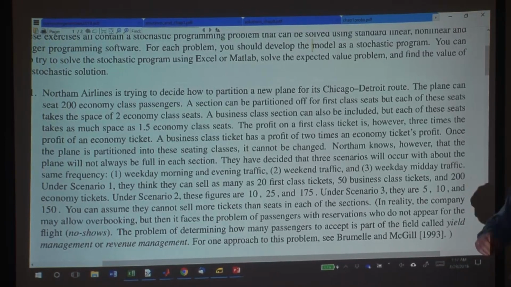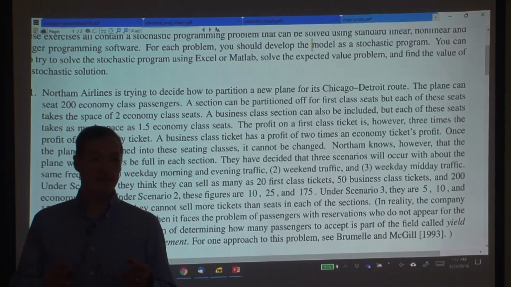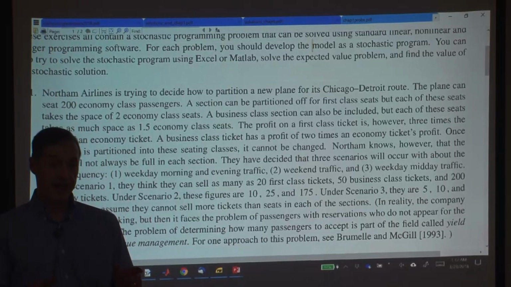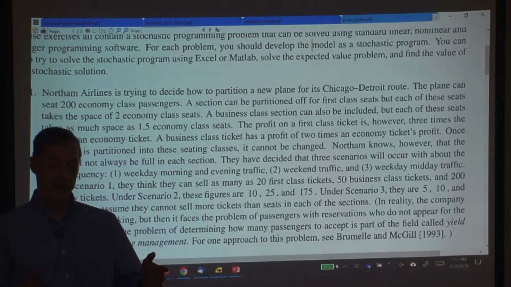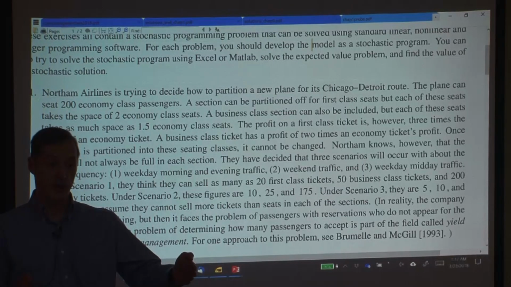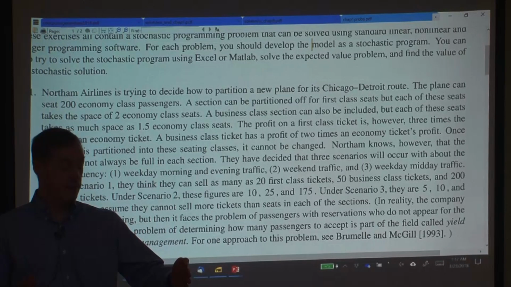Okay, so the decision is first to decide how many of each class of seat you're going to put in the plane, and it can't sum to more than 200. There are only 200 spaces if you put in all economy.